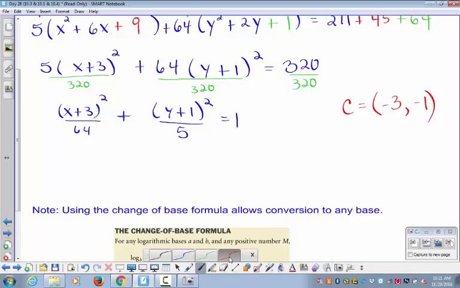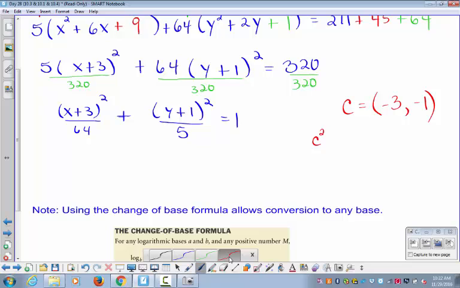And then, if we were to find the foci, we would have to use a Pythagorean theorem idea. And so this c is different than that c. This is a little c, and little c is going to measure the distance from the center of the ellipse out to a focus. And what is c squared equal to?